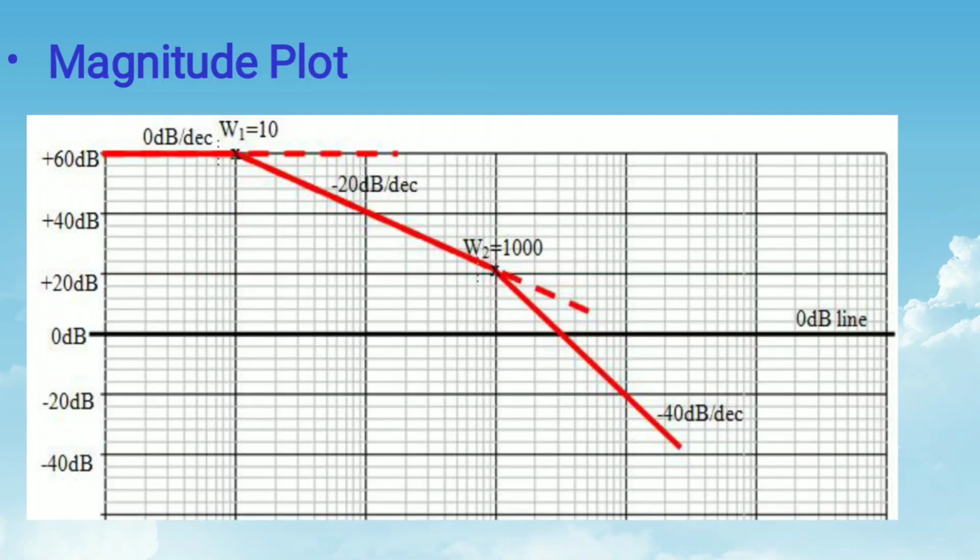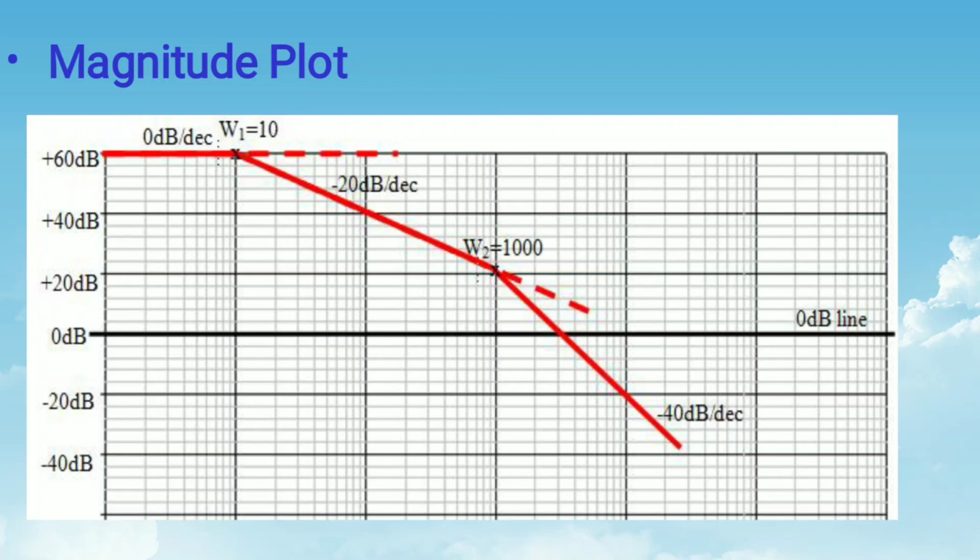First of all, we have the 0 dB line because there is no pole at the origin. The 20 log K line is at 60 dB by the calculations. The first pole is at the first corner frequency, omega 1 equal to 10. So the slope of minus 20 dB starts from omega equal to 10, the first time constant, and the second corner frequency is 1000.